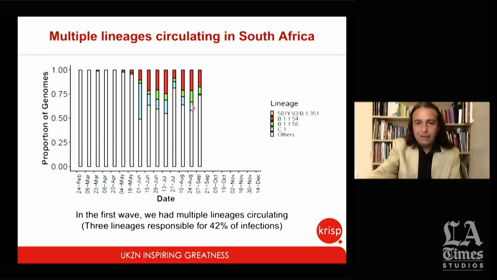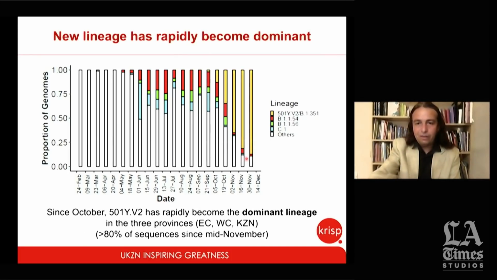But then, after a tip from some doctors in Nelson Mandela Bay, we found a new lineage or new variant, which we numbered 501Y.V2. The first samples we got were from the middle of November. We went back to the freezers to see when it started appearing. And as it appears, it starts completely dominating and displacing all the other lineages.